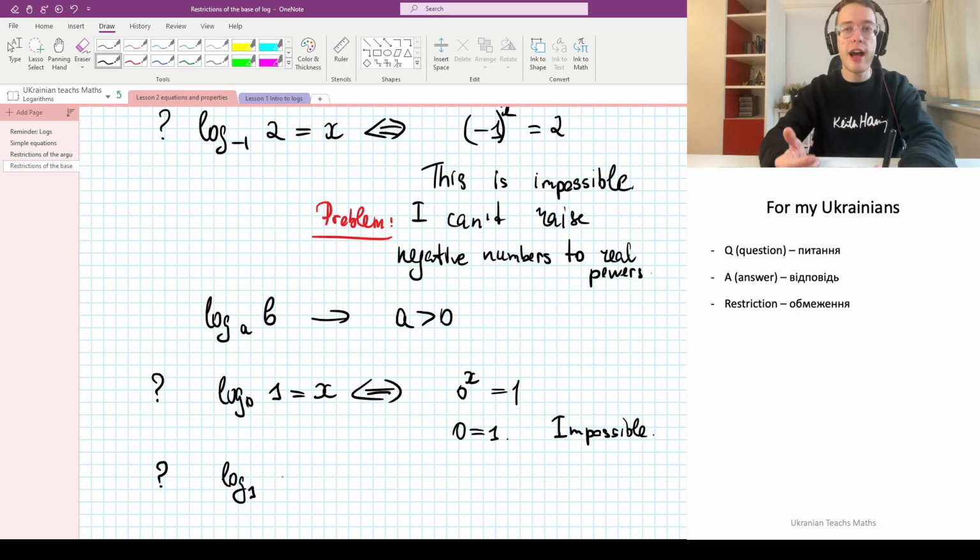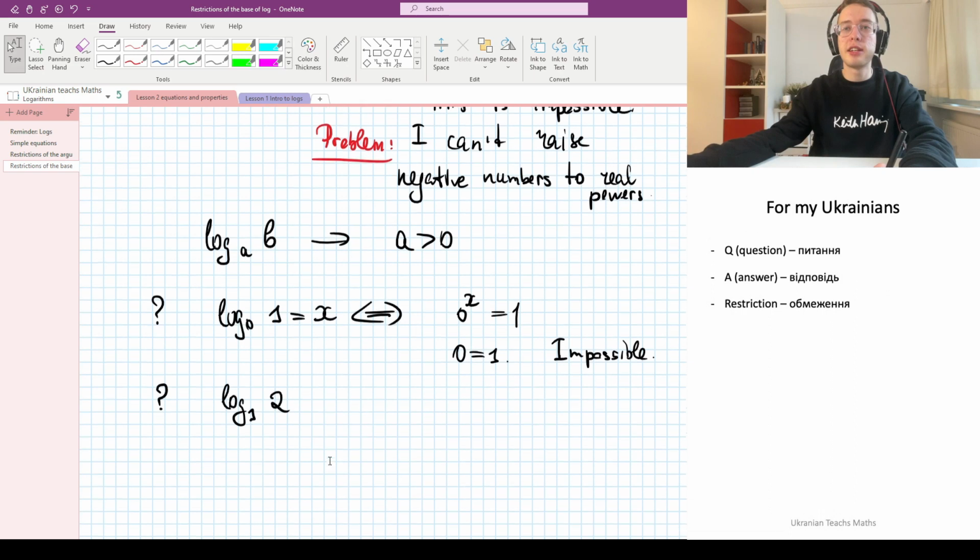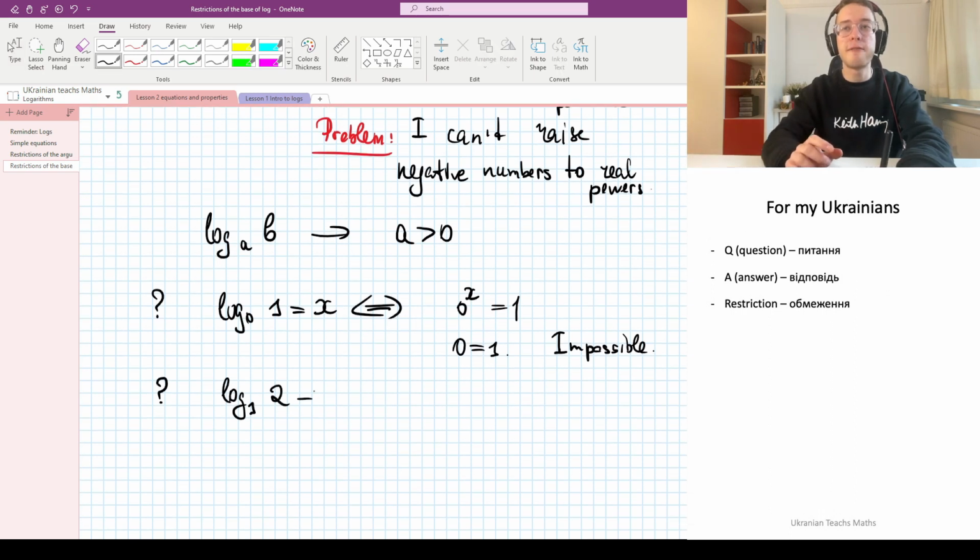So if I have, let's say, log base 1 of 2, or any number that you would want to, and I assign a value to this one again, so log base 1 of 2 is going to be x. By rewriting again, I stumble upon the same problem, that 2 is going to equal 1 raised to x.